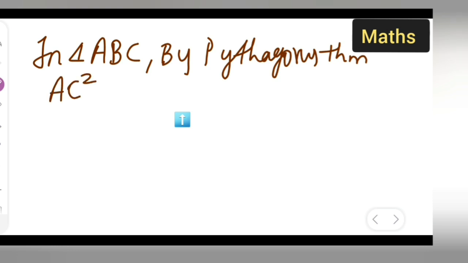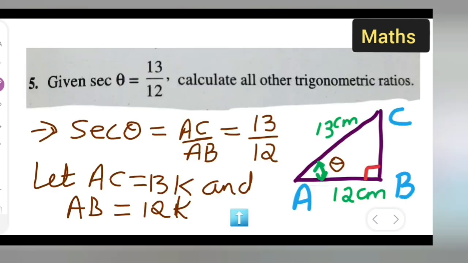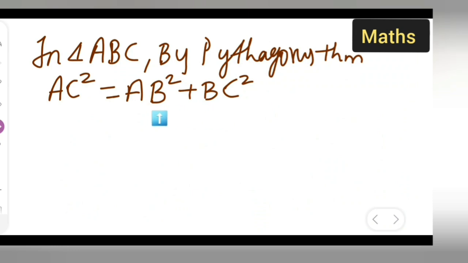AC square is equal to AB square plus BC the whole square. First is AC the whole square, that is the hypotenuse, then opposite plus adjacent, so AB square plus BC the whole square.